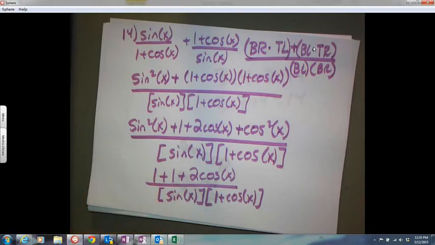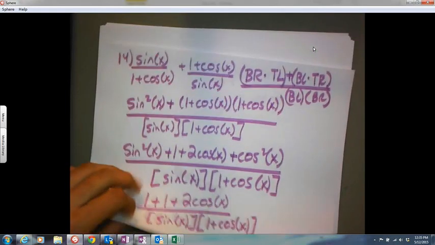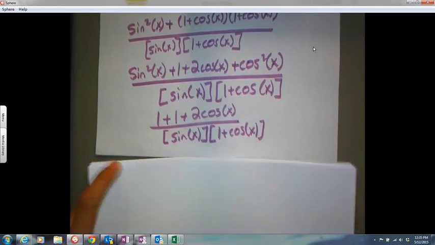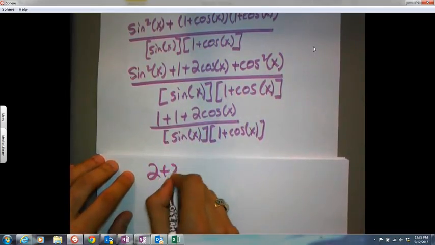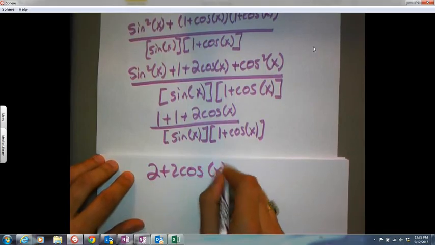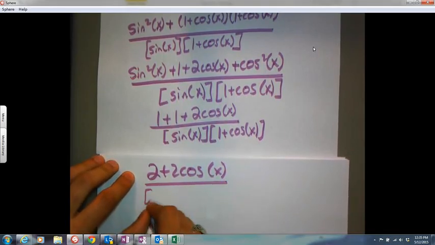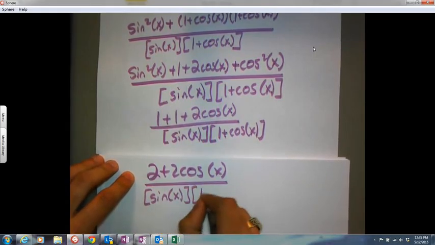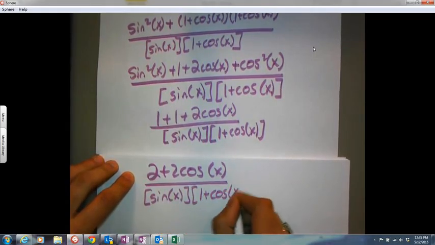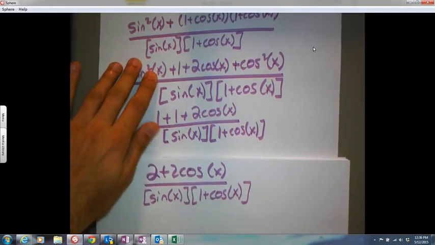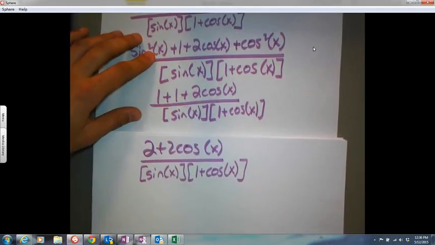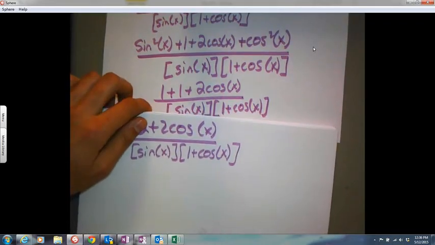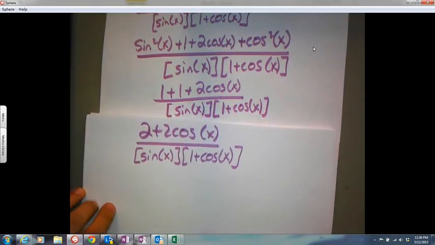All right, finishing up here, going to combine on the top. Combining on the top. All right, upstairs now you notice that both of these have a 2.